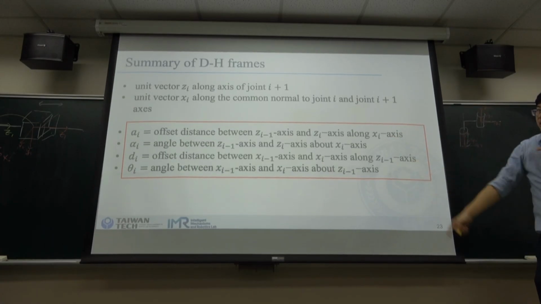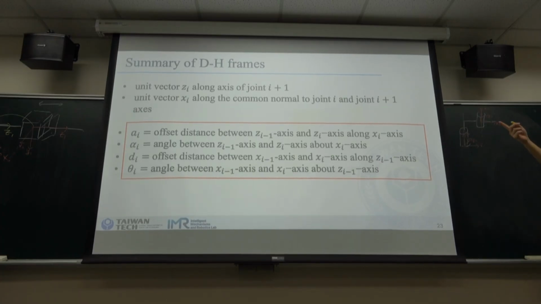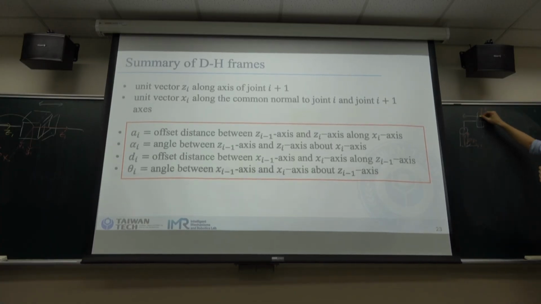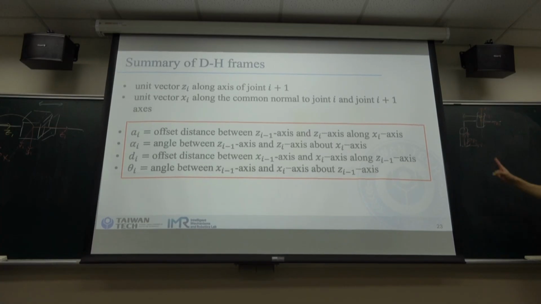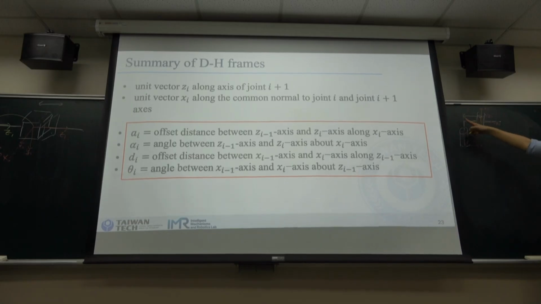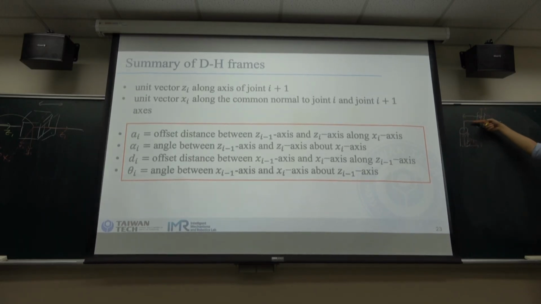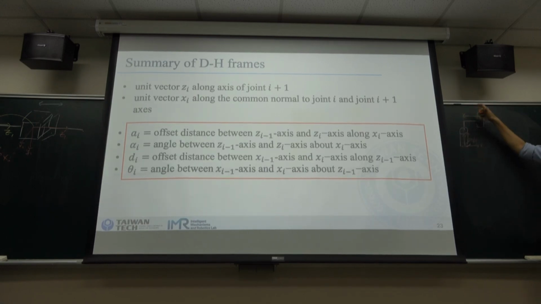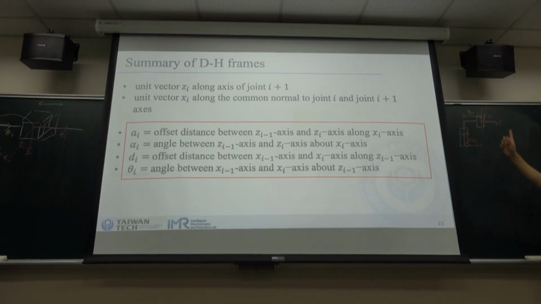So A is the offset distance between these two axes in the direction of x1. So it's this distance. Is this okay? Because it's z0 and z1, the offset distance between these two axes in the direction of x1. So here is A1. Is it okay?